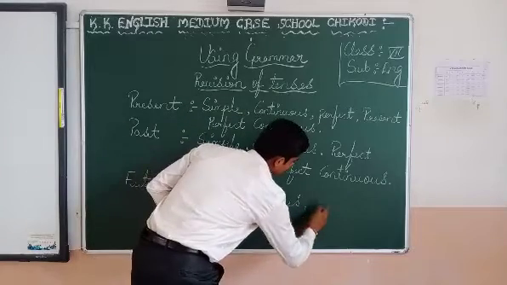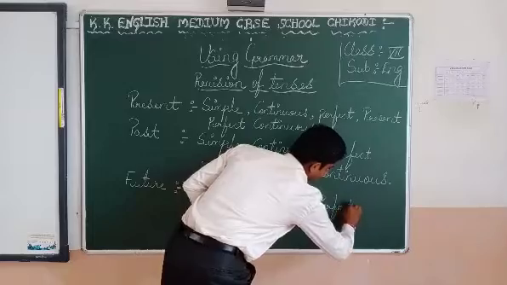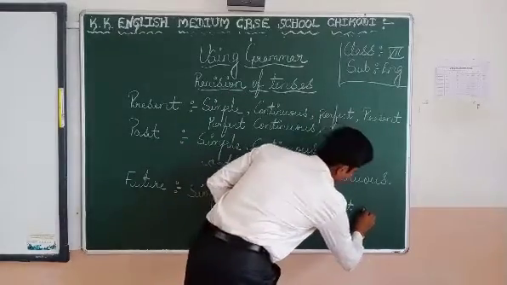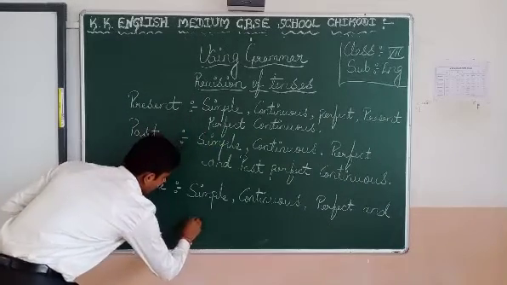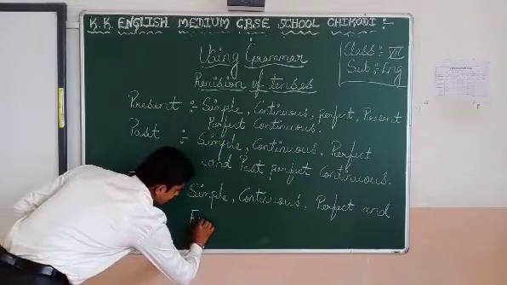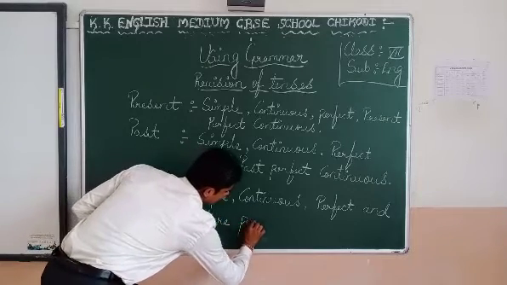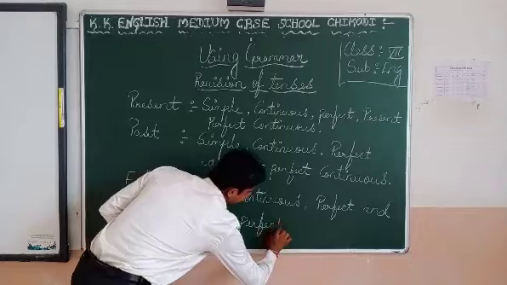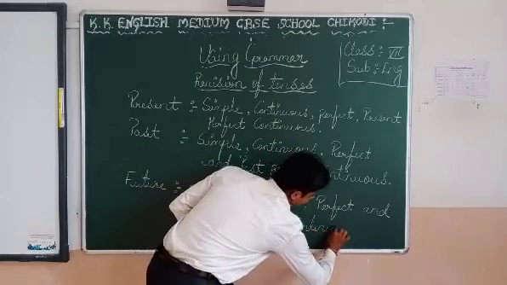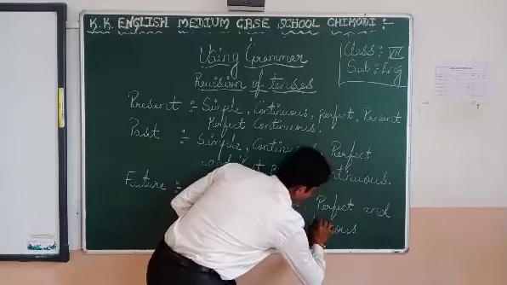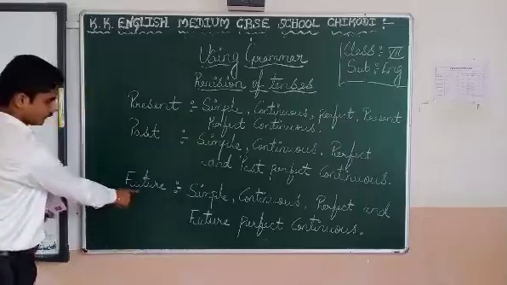And the third one, future perfect tense, and at last, future perfect continuous tense. So here we have four forms of tenses in the future tense.